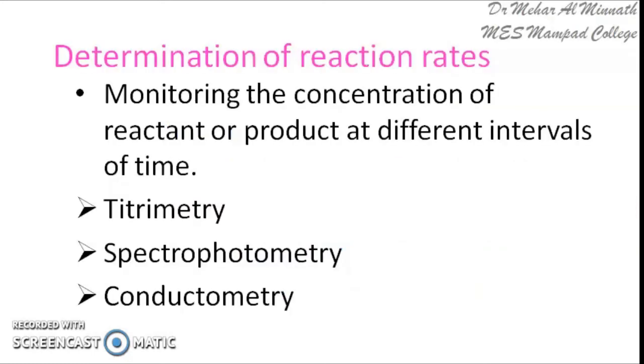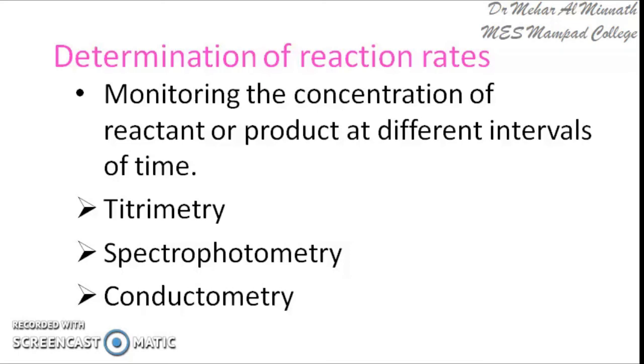Now, how do we determine the rate of reaction? As we said earlier, it is by monitoring the concentration of reactant or product as the reaction proceeds, at a regular interval of time. You can take up titrimetry, spectrophotometry, conductometry, potentiometry, any type of measuring technique you can use.